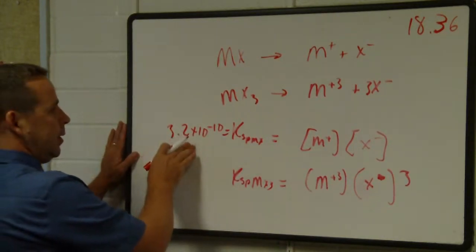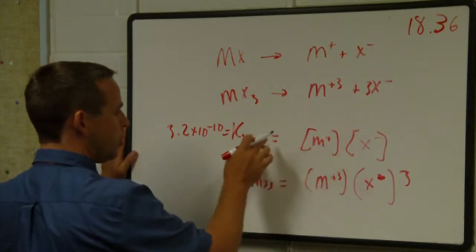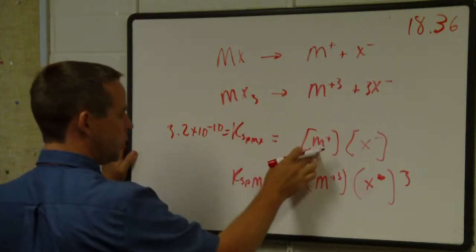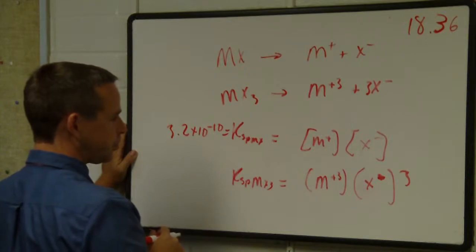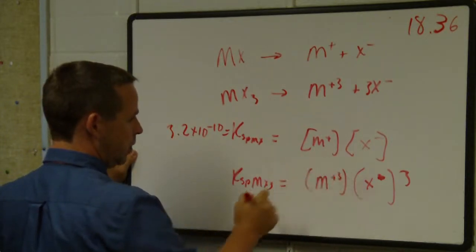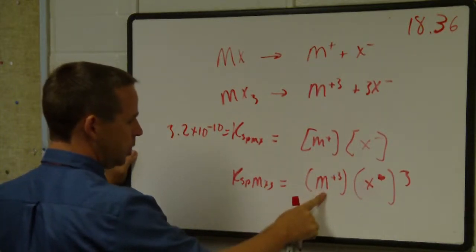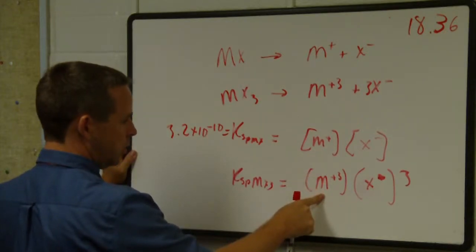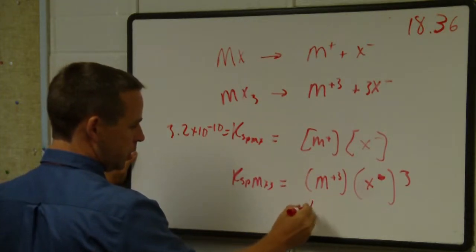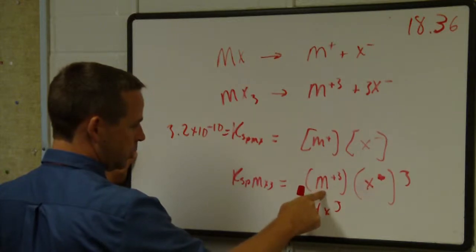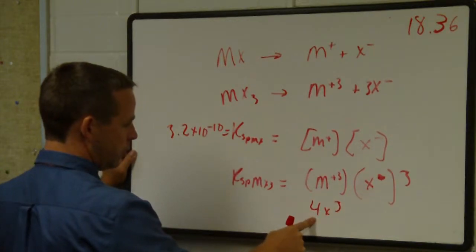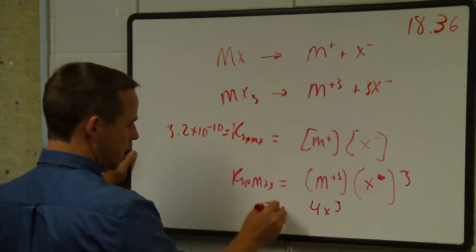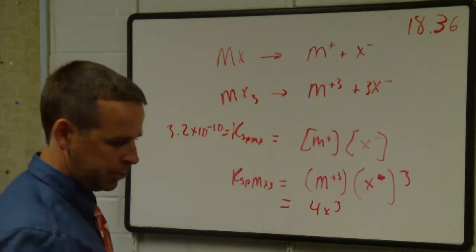Well, the square root of this value will be the molar solubility of this one. And if we put that in here, this is again going to be the 4x cubed. So we take the molar solubility, cube it, multiplied by 4. That would tell us what the KSP for this one would have to be.